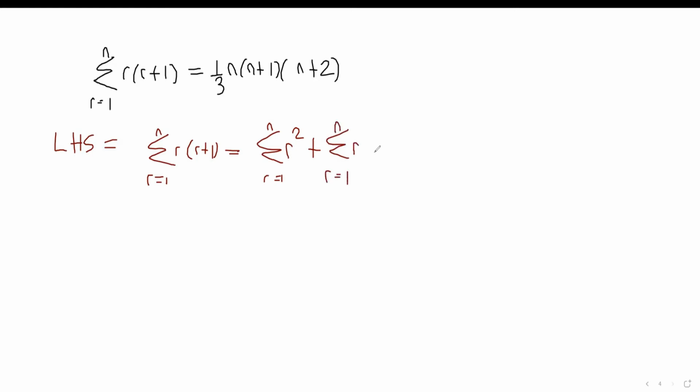Cool. Nice. So good so far. So this is the sum from 1 to n of r squared plus the sum from 1 to n of r. Remember that the sum from 1 to n of r squared is 1 over 6n times n plus 1 times 2n plus 1. You have to remember the formula.